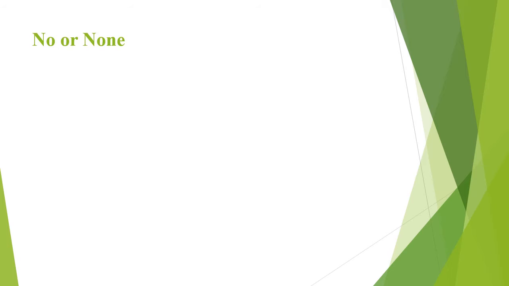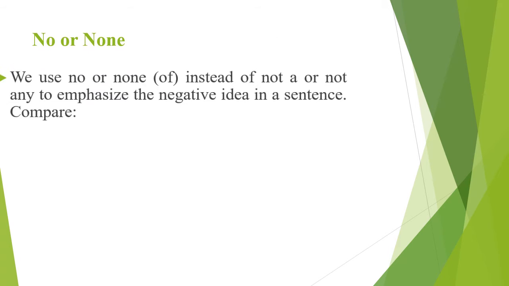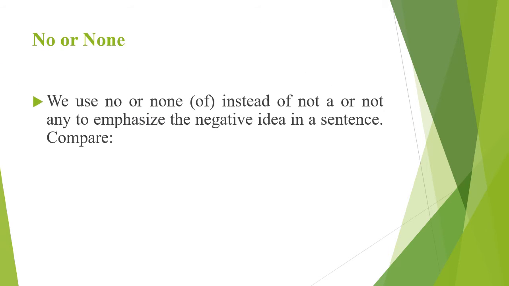Let us move to another quantifier, that is no or none. We use no or none, none of, instead of not or not any, to emphasize the negative idea in a sentence.